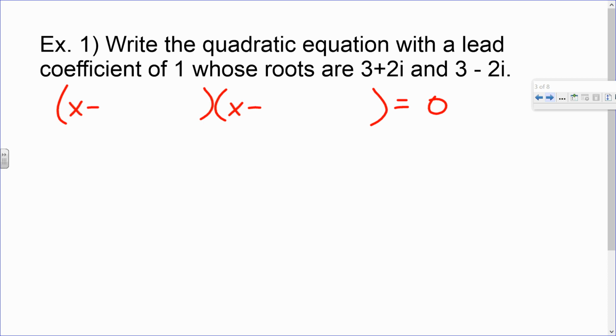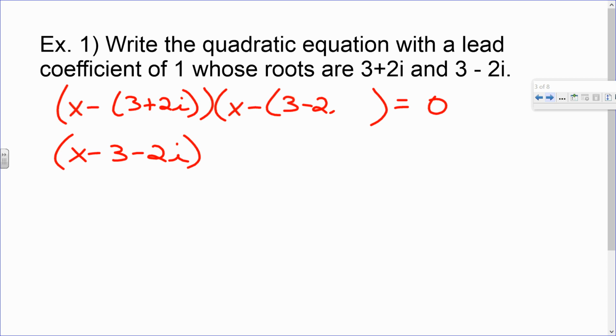Now I have to be careful. x minus that entire first root changes both of those signs, so I have x minus 3 minus 2i. And x minus that entire second root changes both of those signs.